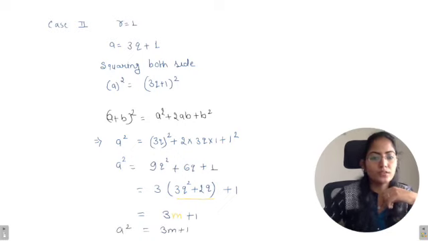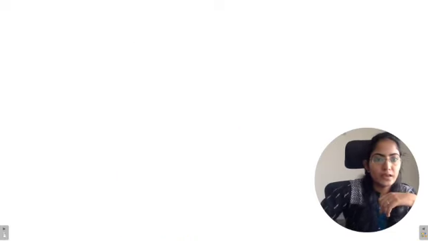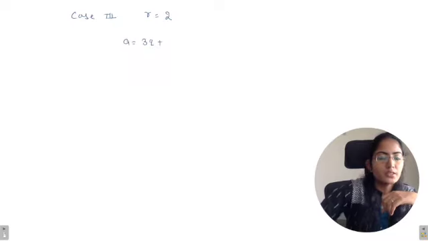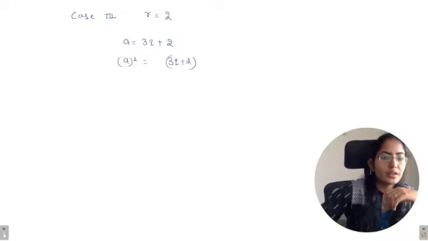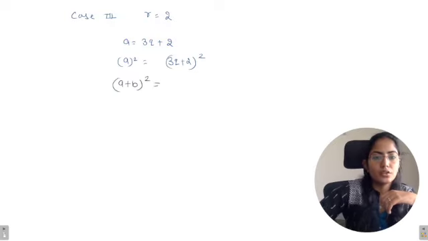Now come to case number 3, in which r is equal to 2. So a will be 3q plus 2. Similarly, we will do the squaring both sides, and we will write the identity again. In the examination, you have to write the identity, so it will be good and you will get good marks.